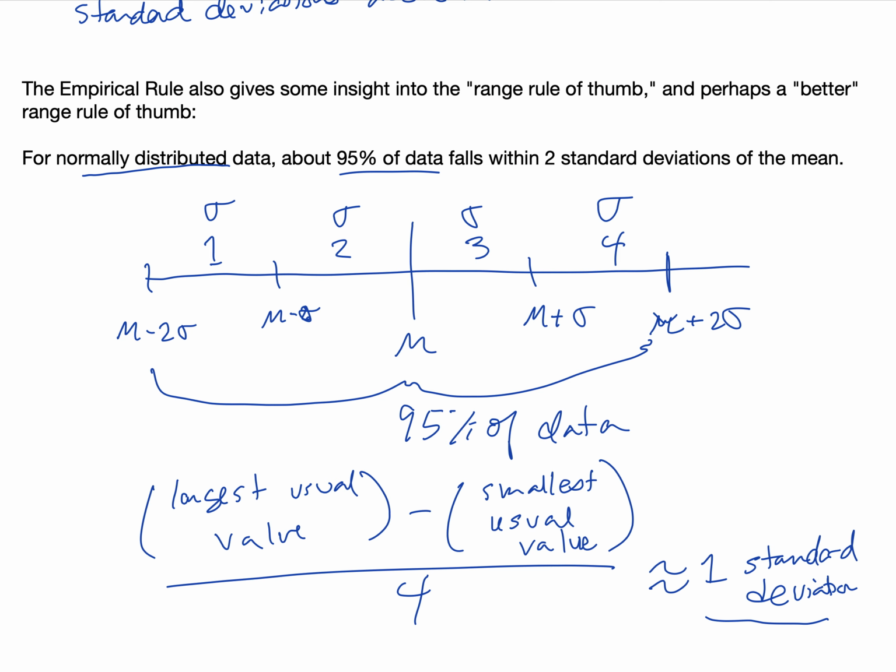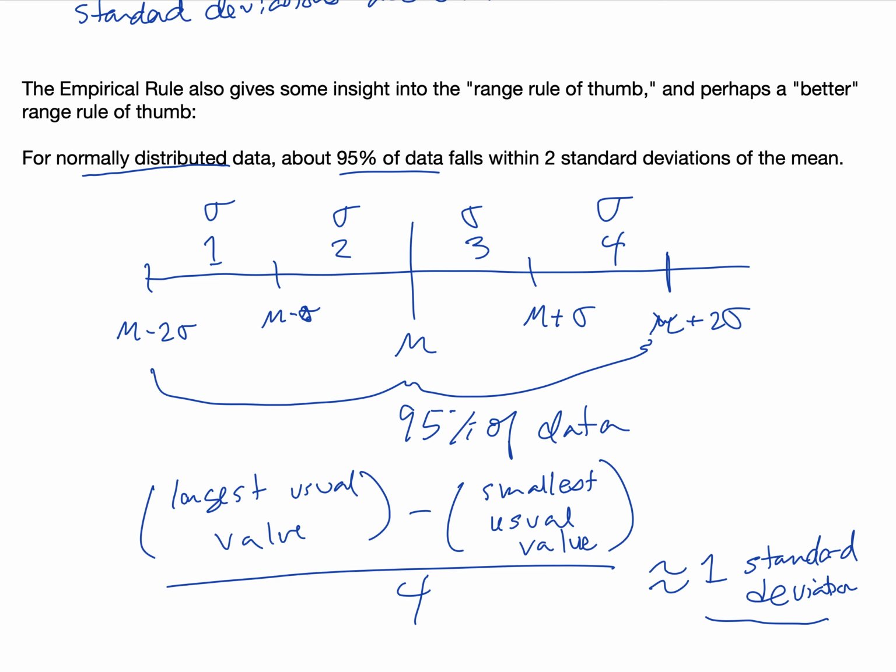So with the range rule of thumb, you can use either of these. You can continue using range divided by 4, but this is usually a slightly better estimate of the standard deviation: the largest usual value minus the smallest usual value, divided by 4.